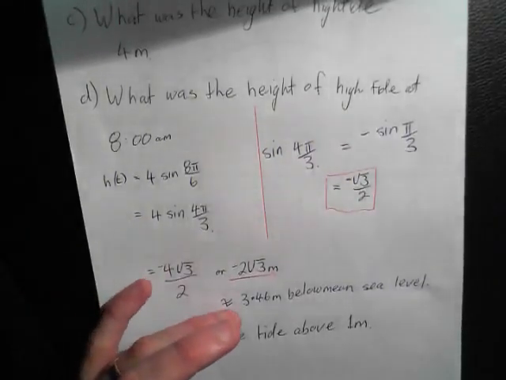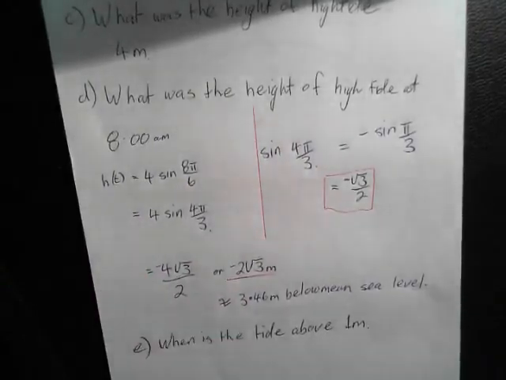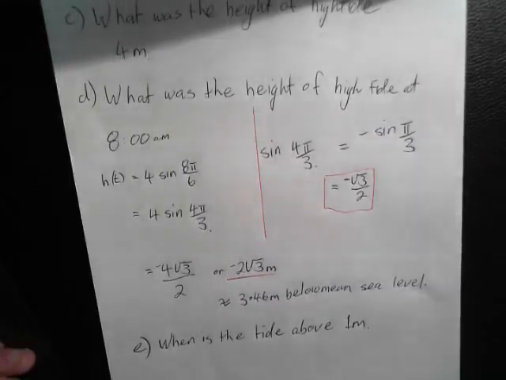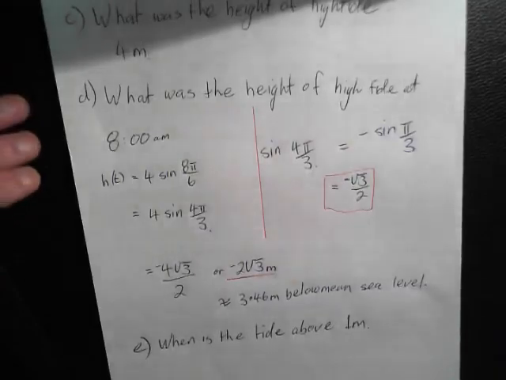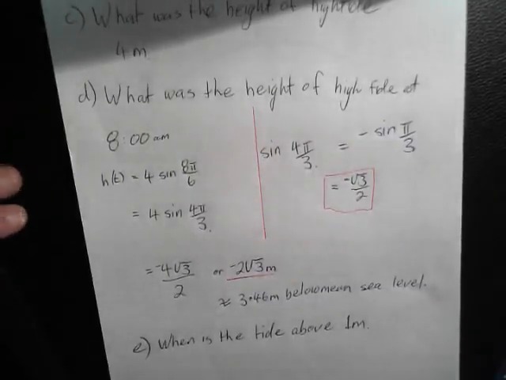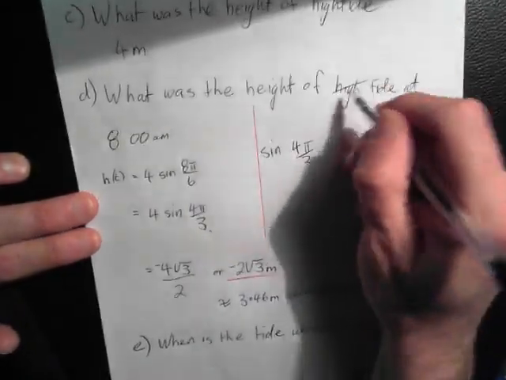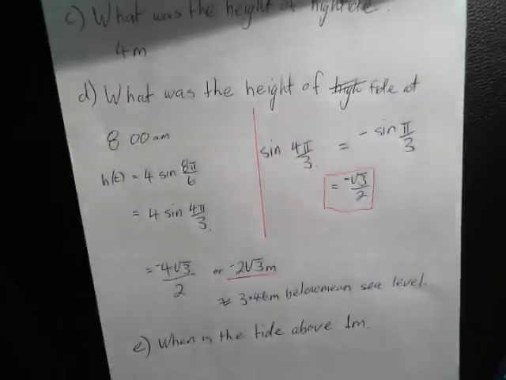Okay, so I've just got that as an approximate decimal using CAS and saying it's approximately 3.46. You could say approximately 3.5 to one decimal place. It's 3.46 metres below average mean sea level. So that's the height of the tide. I shouldn't say high here. I just realised I've said height. What is the height of the tide at 8 a.m.?